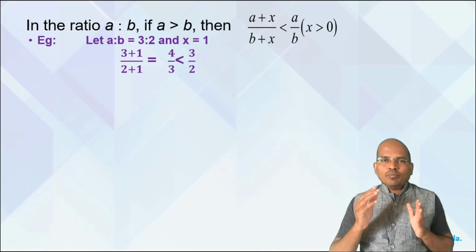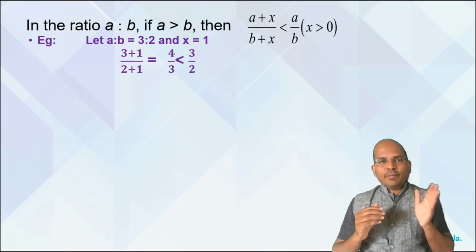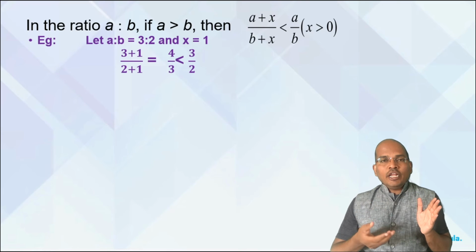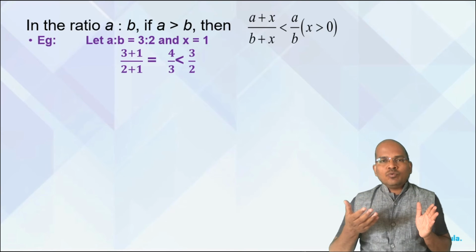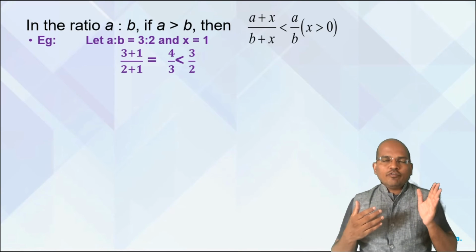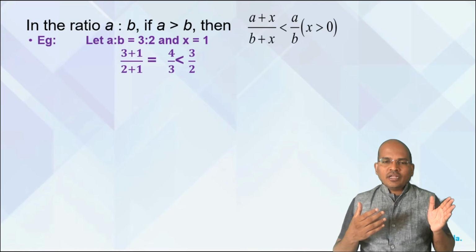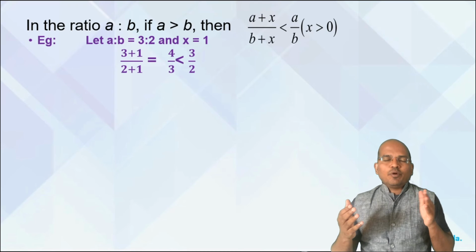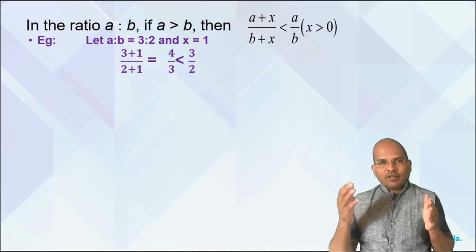Now when you add 1 to both the terms, it is 3 plus 1 upon 2 plus 1. That 3 plus 1 is 4, 2 plus 1 is 3. 4 by 3 is the newly obtained ratio and 3 by 2 is the initial ratio. The value of 4 upon 3 is 1.33 and the value of 3 upon 2 is 1.5. So 1.33 is less than 1.5.